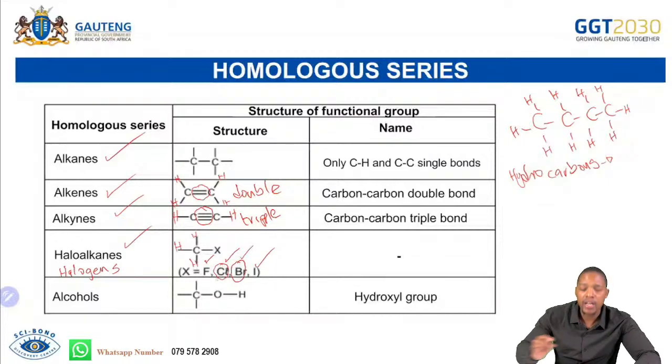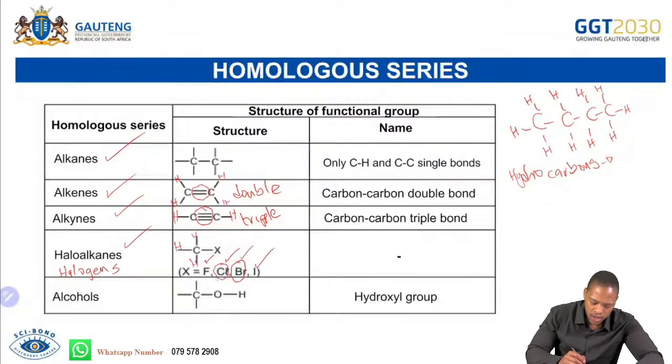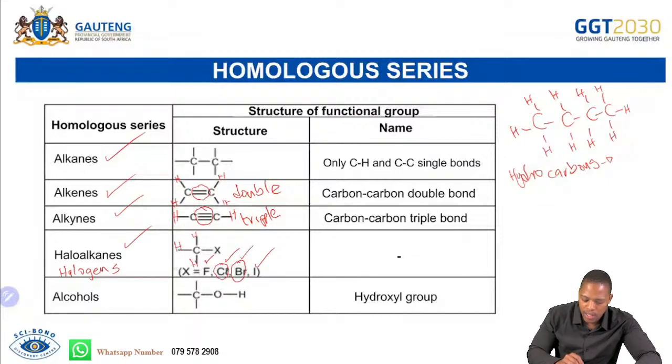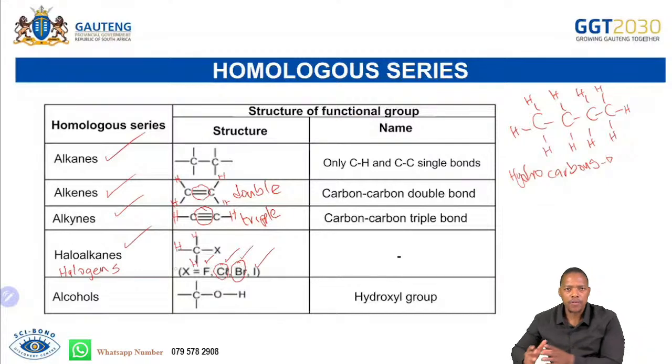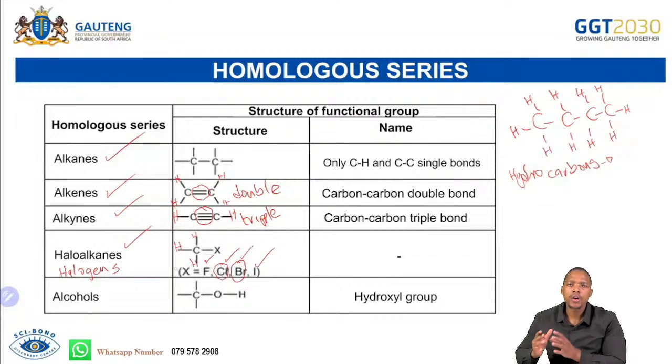Once I see any of these in any organic compound, then I can safely say that organic compound belongs to haloalkane. Remember, it's a homologous series, it's a functional group. I use a functional group to tell me to what homologous series a certain compound belongs.